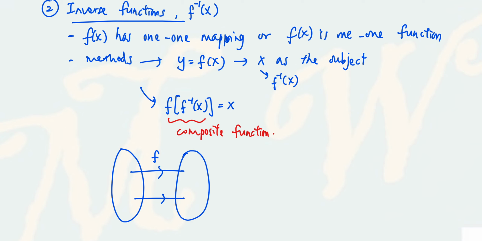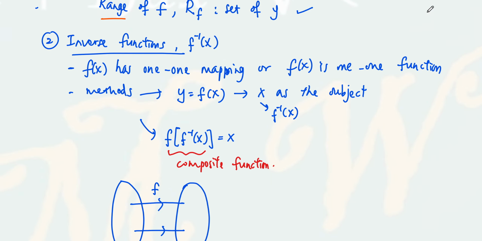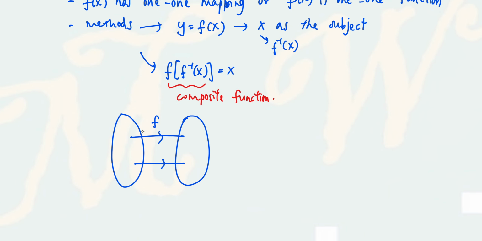Just now I said the set of x values is called the domain, and the set of y values is called the range. So f maps the domain of f into the range of f.